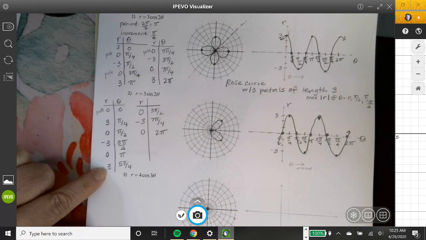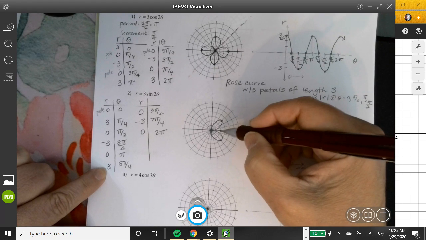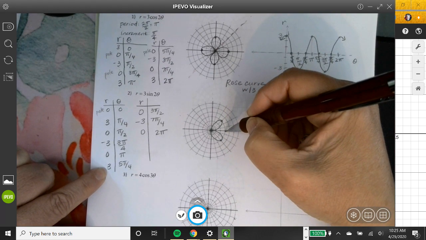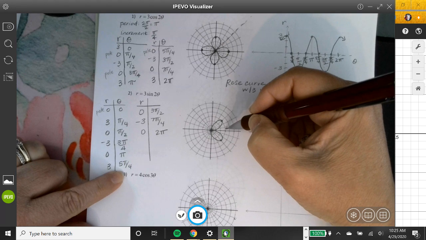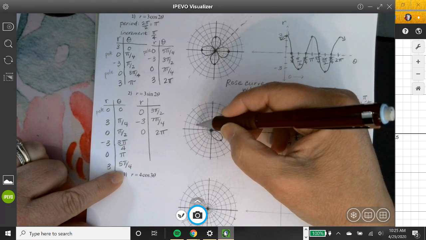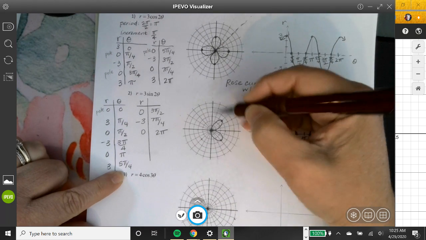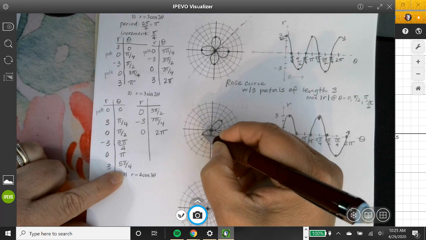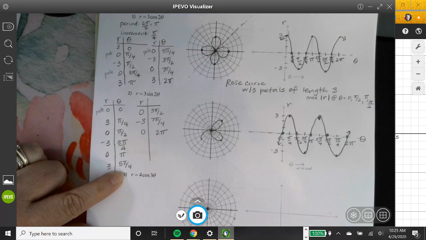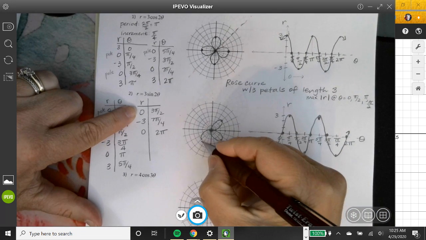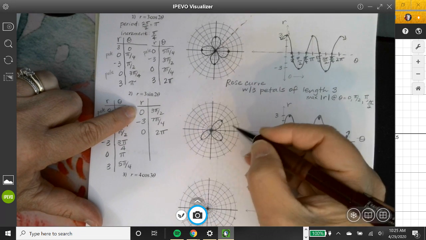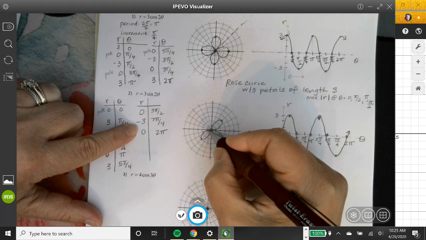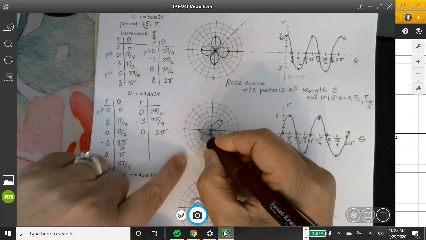But where do I have to end up? I have to end up at 3, 1, 2, 3, and then rotate 5 pi over 4. This is 3 pi over 4, this would be 5 pi over 4 here. So I'm going to pass through the pole and then hit this point. And then I go back to the pole. And then I go out radially, negative 3, 1, 2, 3.